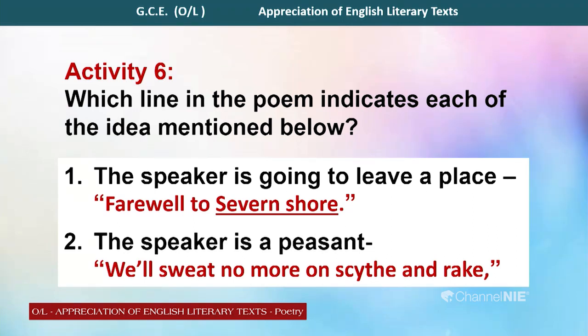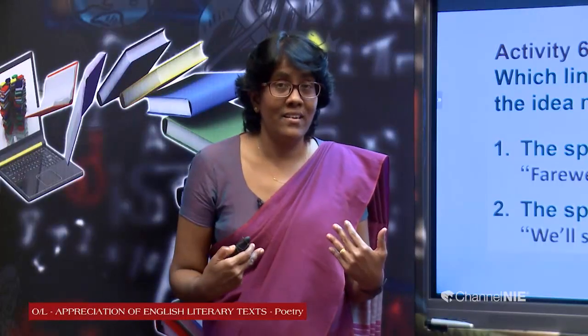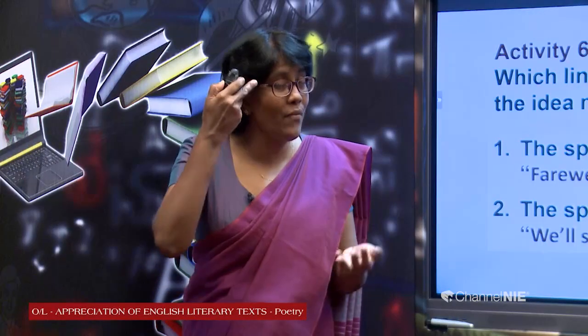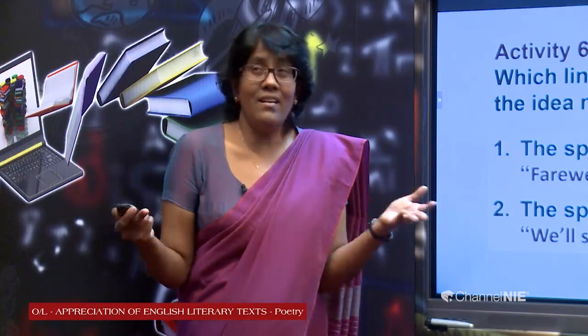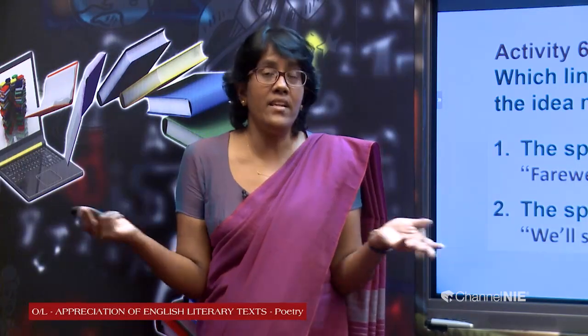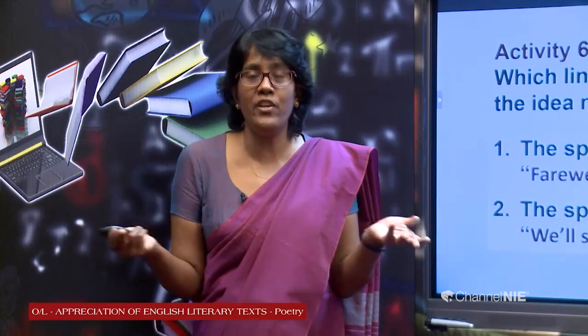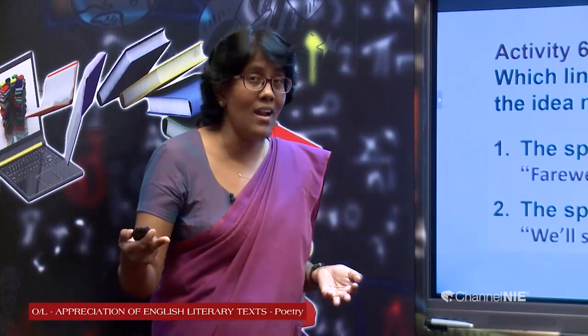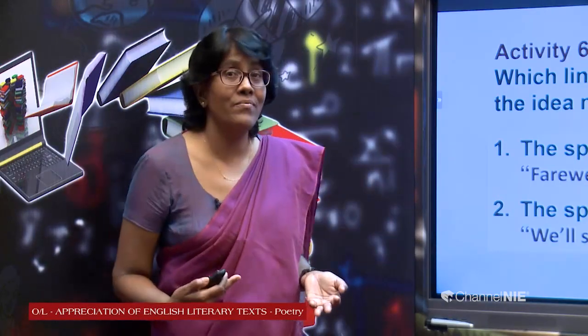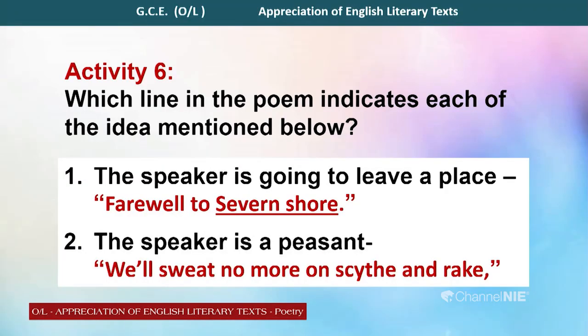Sweat is to work hard. That means when you work hard, what will happen? The sweat comes. Sometimes when there isn't a fan, when you're not in an AC environment, when you go under the hot sun and work, you sweat, right? So here it's not like that.